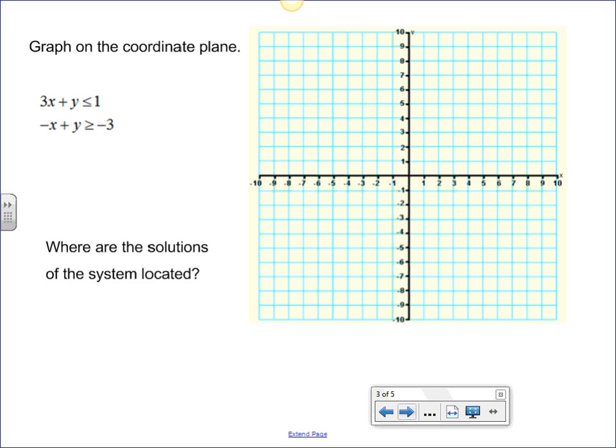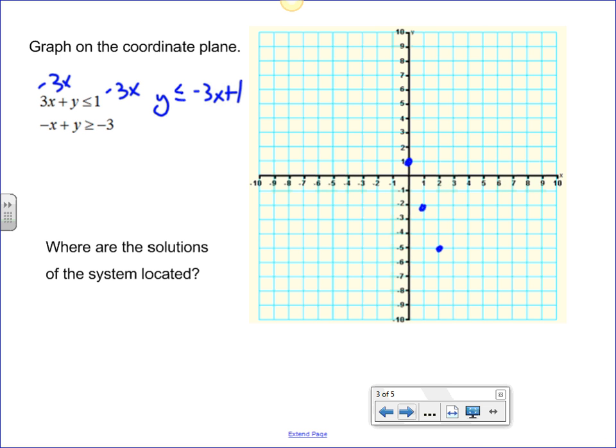So the first one, to graph this one, I'd have to subtract off the 3x. So I'd have y is less than or equal to negative 3x plus 1, or 1 minus 3x. And if I went to graph that one, I'd have a y-intercept of 1, slope of negative 3. So I'm going to go down 3 over 1, down 3 over 1.